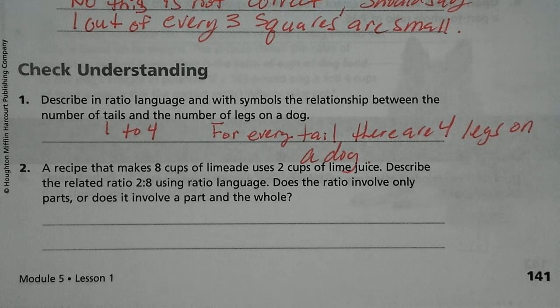8 cups of limeade plus 2 cups of lime juice would make the whole. Okay, so is this a part to part or a part to whole? Part to part. Okay, so to make limeade, anybody know how to make limeade? What do I need?